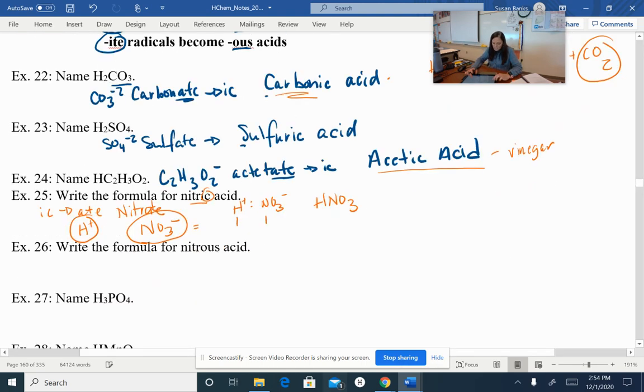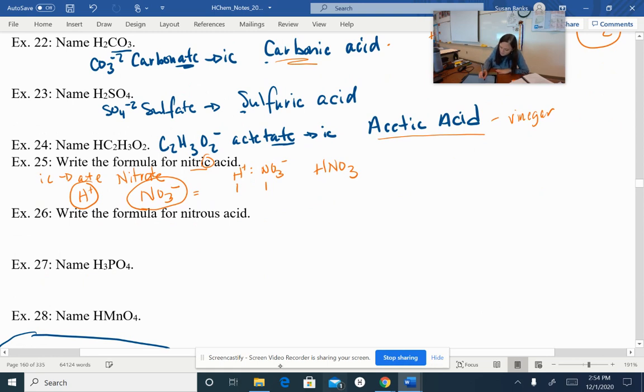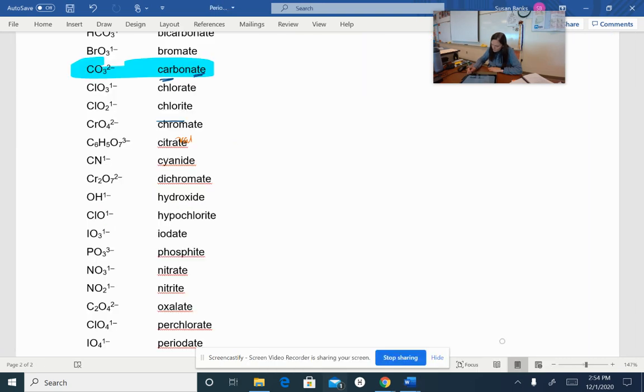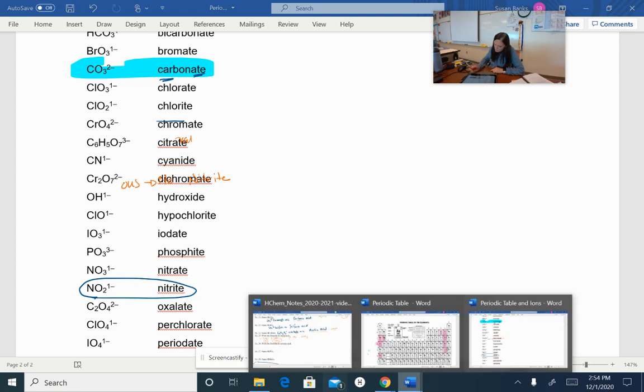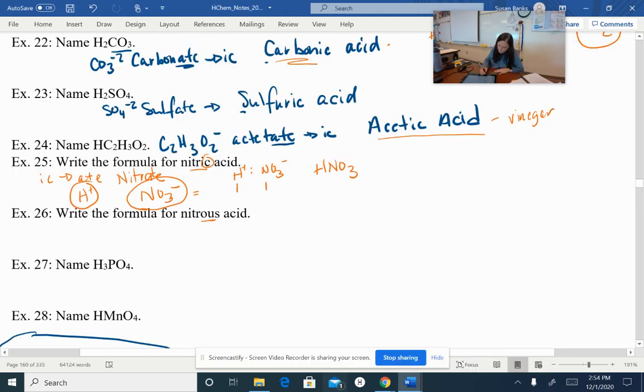Now let's look at nitrous acid. ous comes from ites, so I need to look for nitrite. Nitrite is NO2 -1.